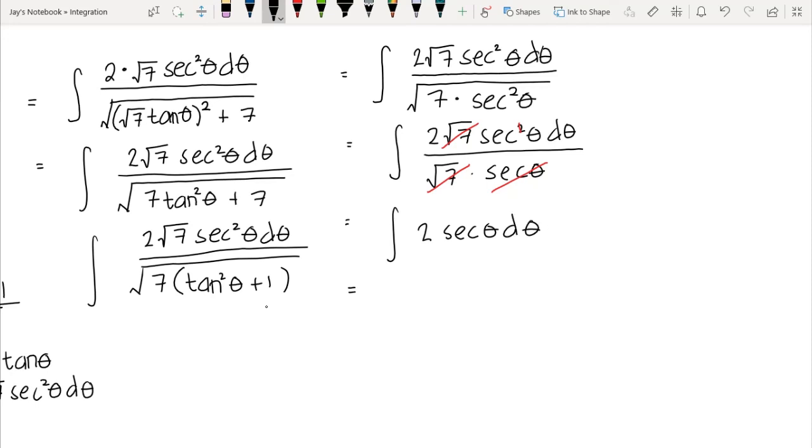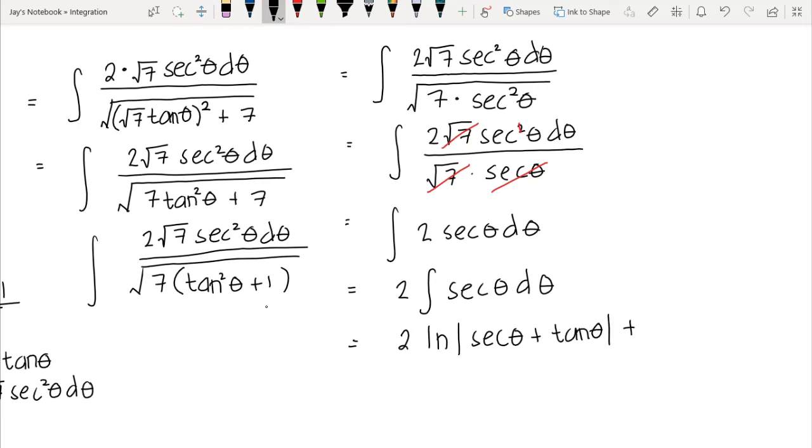Or we can take 2 outside of our integration, that would give us secant theta d theta, and we know that the integration of secant theta is equal to the integration of secant theta from my previous discussion on trigonometric integration. We have the natural logarithm of secant theta plus tangent theta plus c.